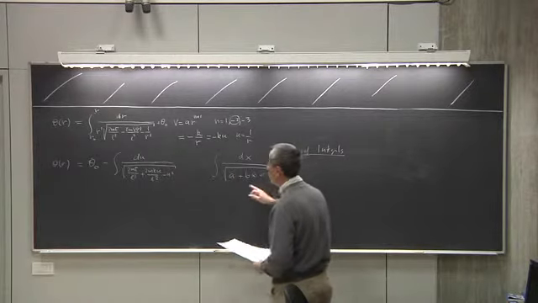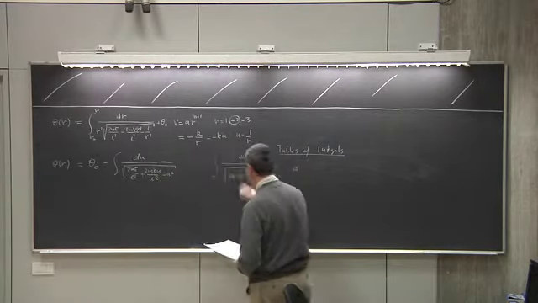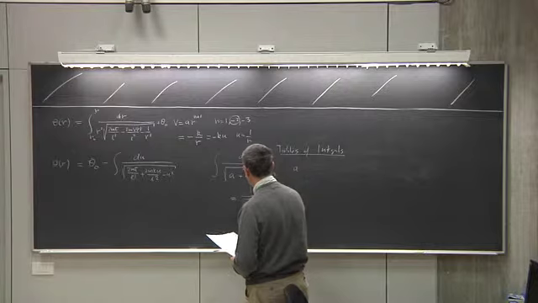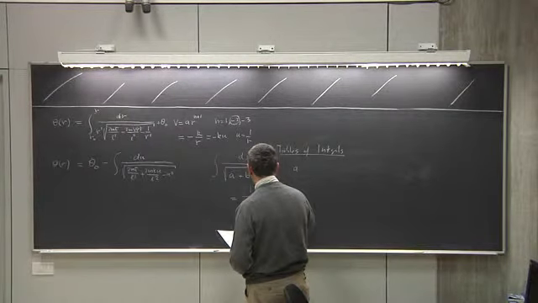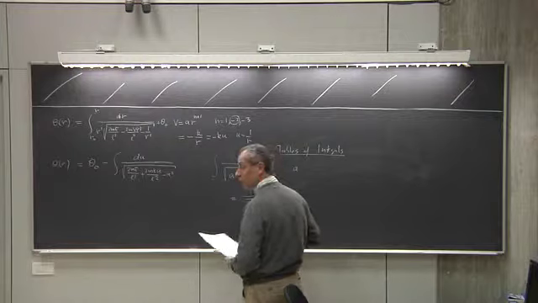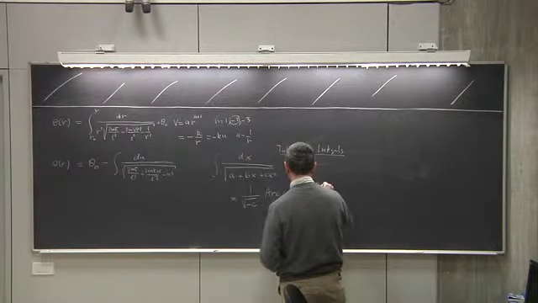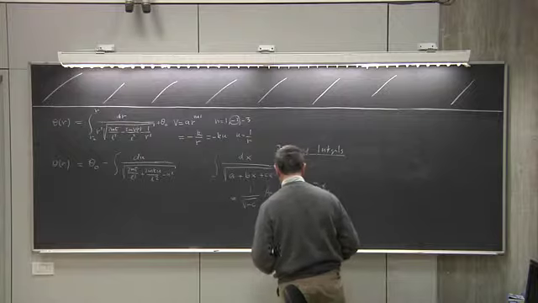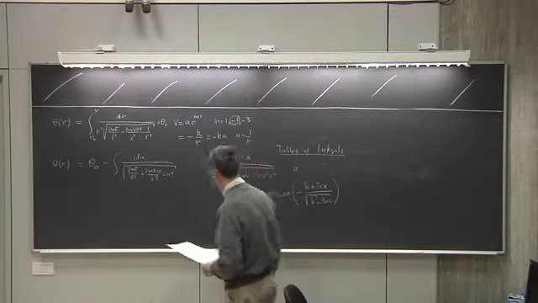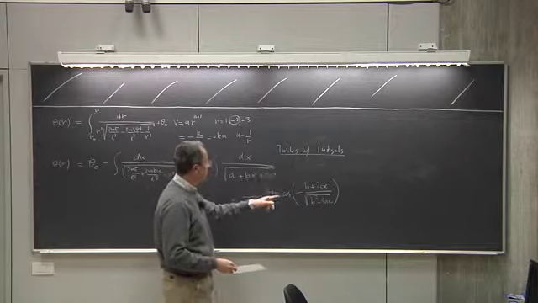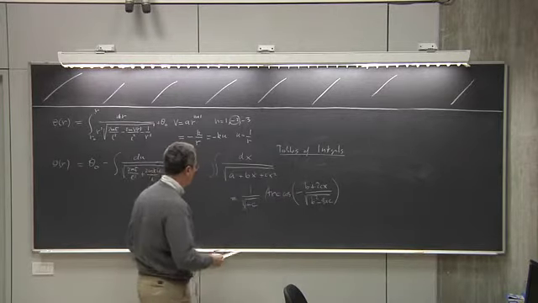You find this in the table, and it is equal to minus 1 over square root of c, the arc cosine, the inverse function of the cosine, of minus b plus 2cx over the square root of b squared minus 4ac. So all you need is to know what A, B, and C are for your case, and then you have solved the problem.